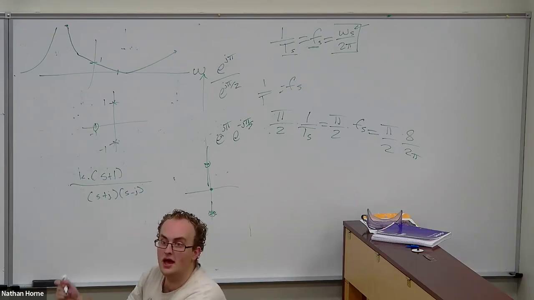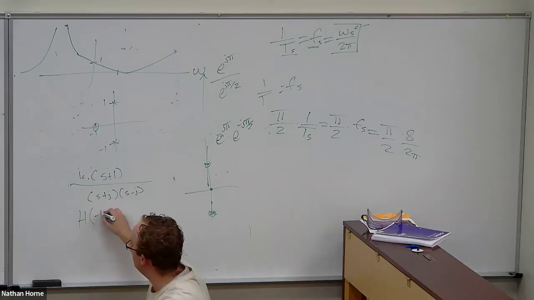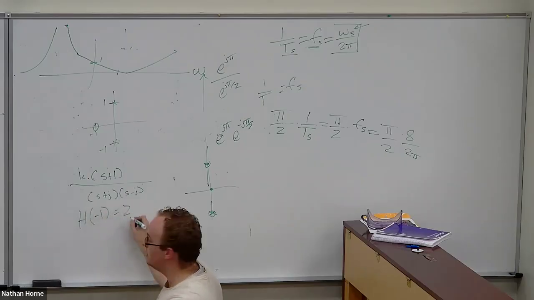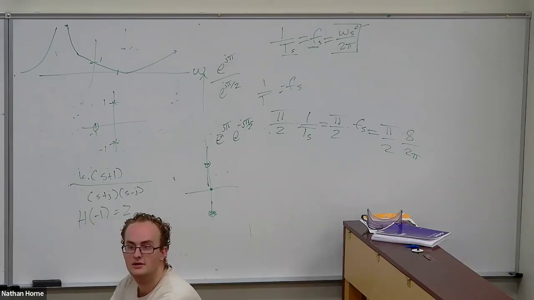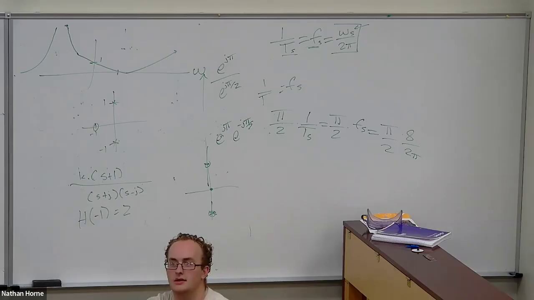And so can you see how, if they gave you the value at some point, so H of -1 equals 2, you can figure out what K is? That's why in the homework you were given a condition like this, so you can evaluate and figure out what K is. Yeah, Jonathan. So how does K apply to the magnitude and the phase response?